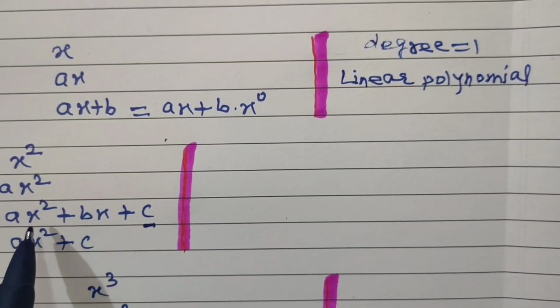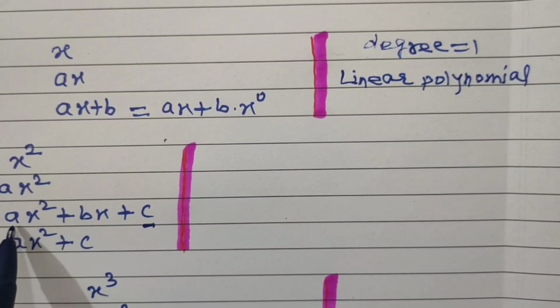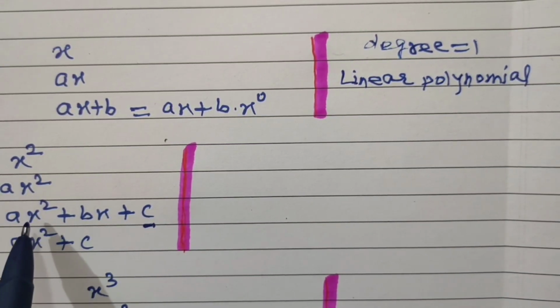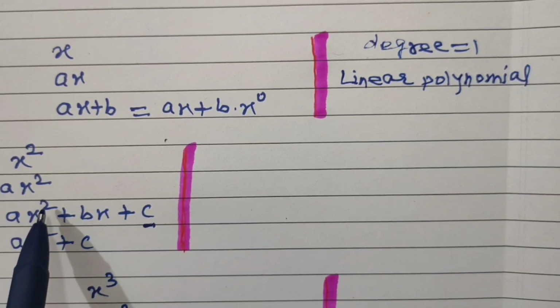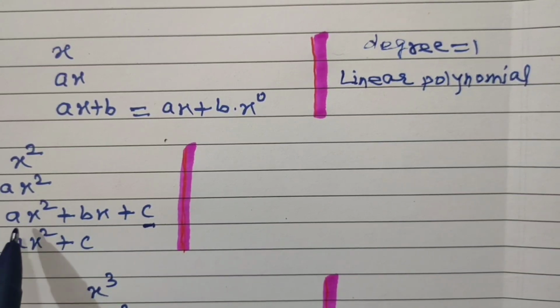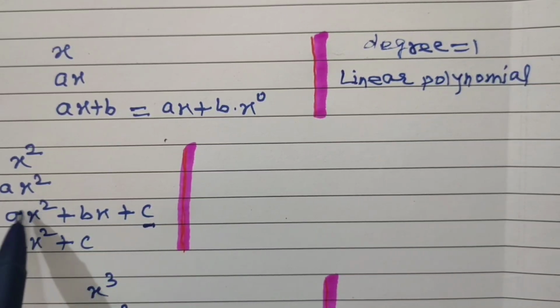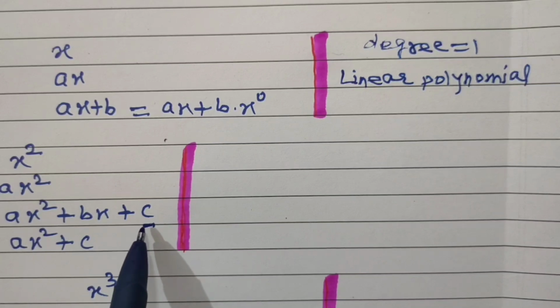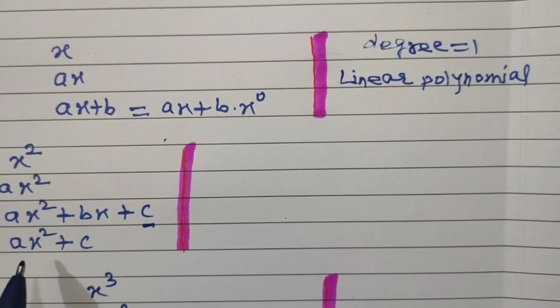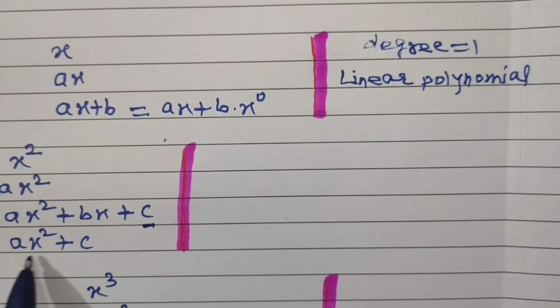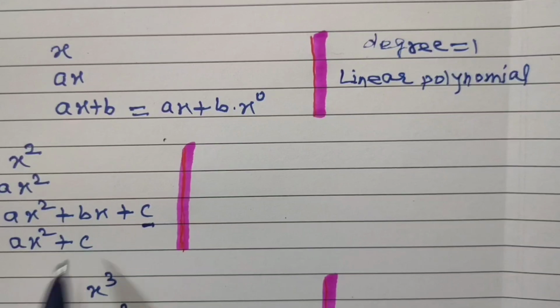So highest power of x is appearing here in the first term. Remember, highest power of x, that is nothing but degree of that term as well as degree of that polynomial. So degree of this term is 2 and degree of this whole polynomial is also 2. And now if you consider this example ax square plus c, here degree of this term is 2 and degree of this term is 0 because this is constant.